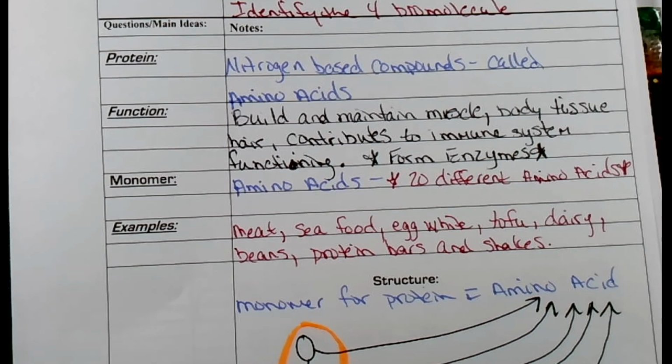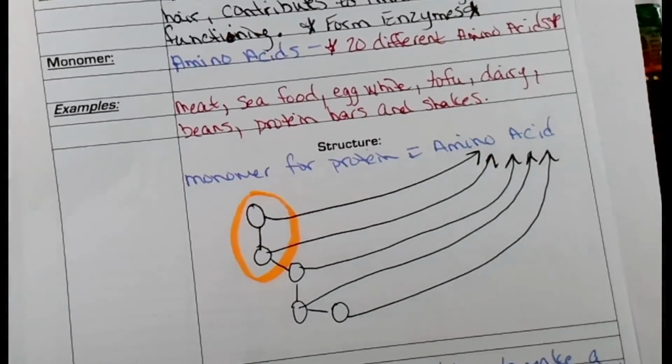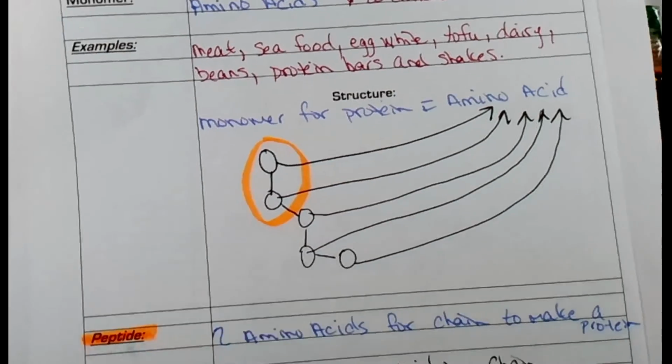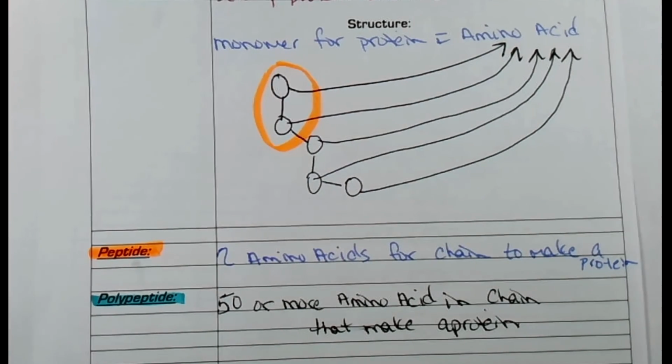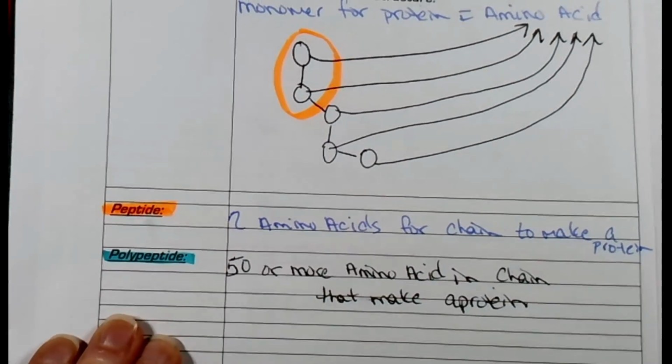The monomers are called amino acids, and there are 20 different ones. Some examples: the basic structure of a protein with our amino acids bonded together. Definition for peptide: 2 or more amino acids bonding. Polypeptide is 50 or more.